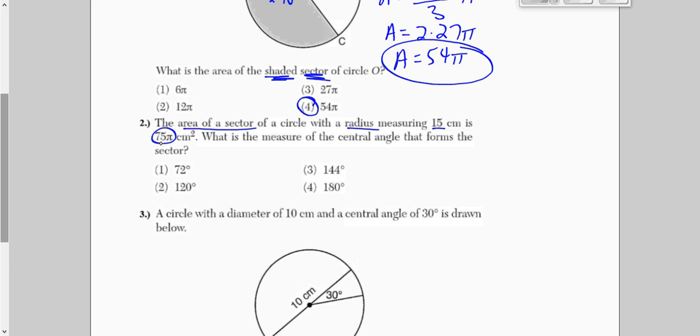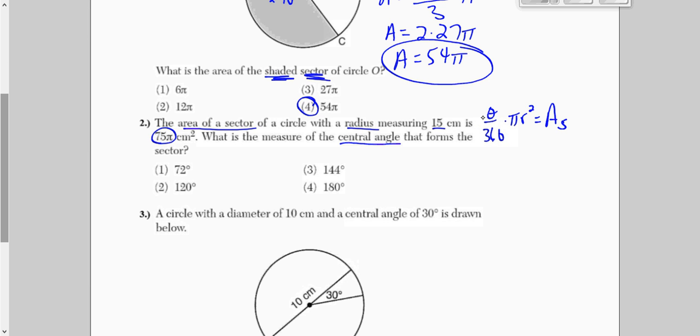We're going to use theta over 360 times pi r squared equals the area of the sector. Since they gave us this, I'll just put it over on the right-hand side, and we need to solve for the central angle, theta, okay?